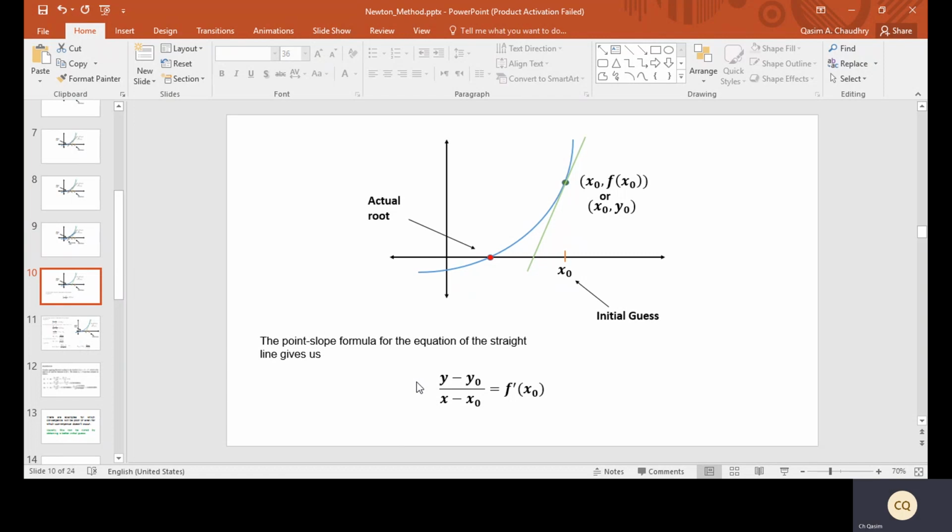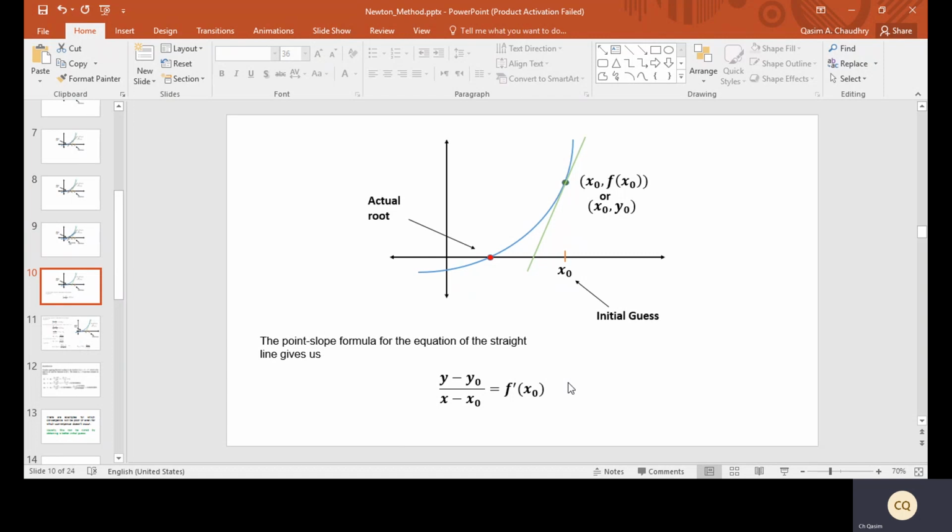Students, if you don't remember this formula, I may simply recall for you the equation of the straight line where you have 2 points. That was y minus y1 is equal to (y2 minus y1) over (x2 minus x1) into (x minus x1). And that was basically your slope. If you take this x minus x naught to the other side, this becomes the general form of the equation of the straight line.